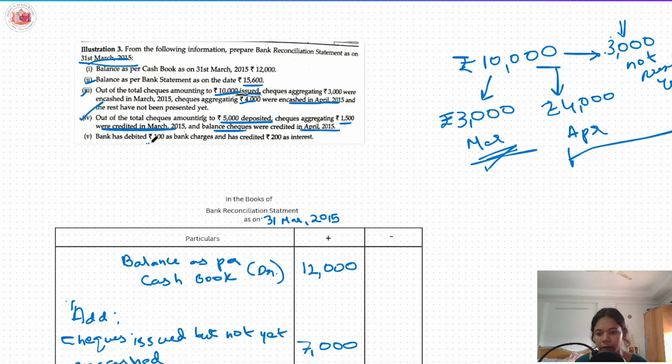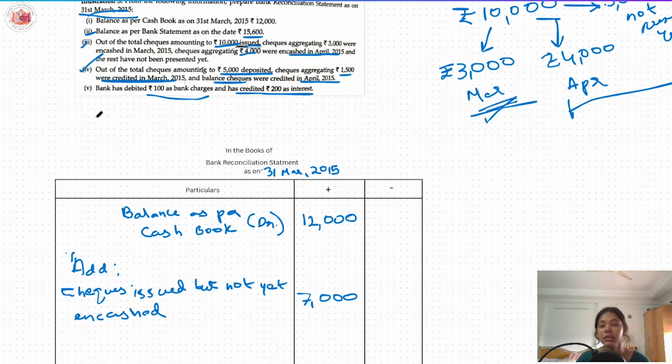Bank has debited 300 rupees as bank charges and has credited 200 rupees as interest. Okay. These are transactions that have only been recorded by the bank and not by the account holder. So bank charges rupees 100. What does that mean for us? It means that our cash book balance is more by rupees 100.